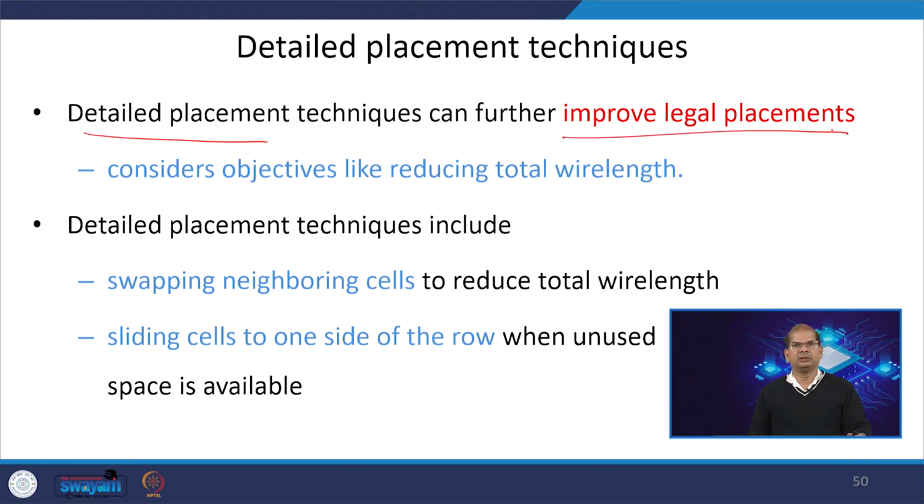It considers objectives like reducing the total wirelength, and detail placement techniques include basically two things. One is swapping of neighboring cells to reduce the total wirelength, and the second is sliding the cells to one side of the row when unused space is available.